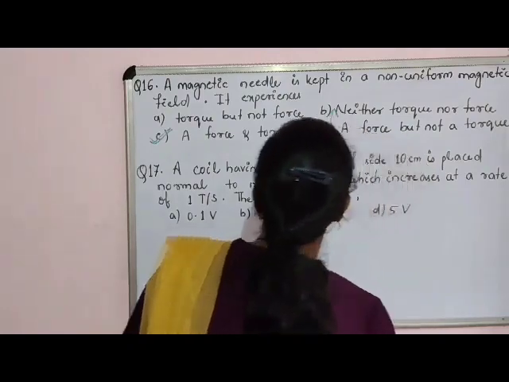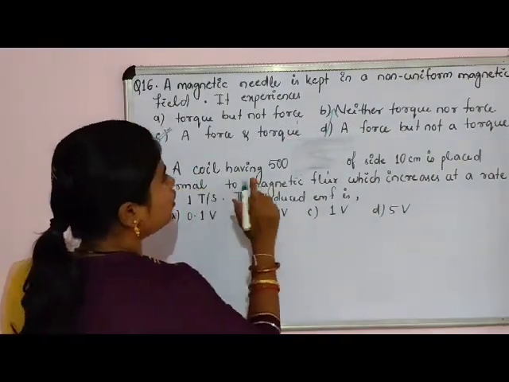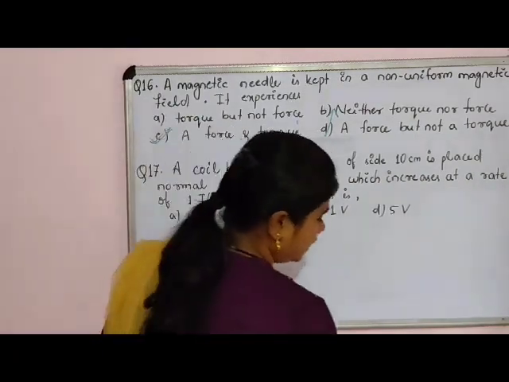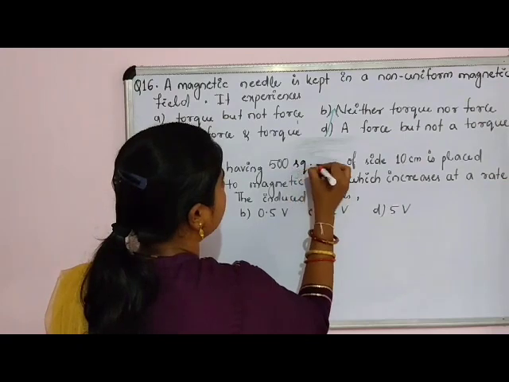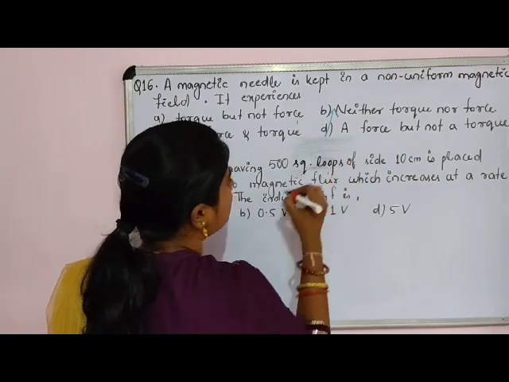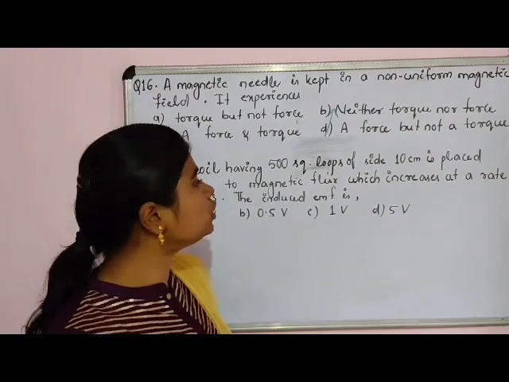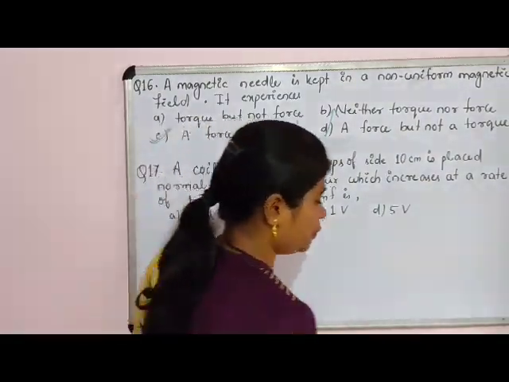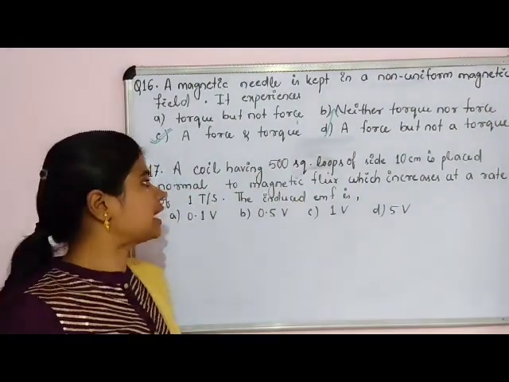Anyway, the next question, the 17th one, it is saying a coil having 500 square loops of side 10 centimeter is placed normal to the magnetic flux, which increases at a rate of 1 Tesla per second.